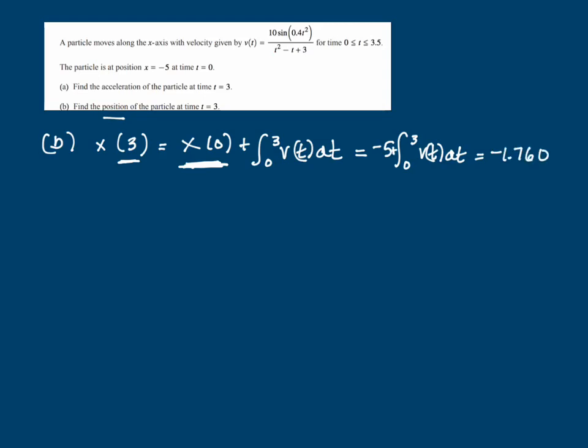All right, how is this scored? Okay, so you get 3 points for this. 1 point for having 0 to 3 of v of t somewhere, right? You get 1 point for either saying X of 0 or -5 for having the initial condition, and 1 point for the answer. So that was part B.